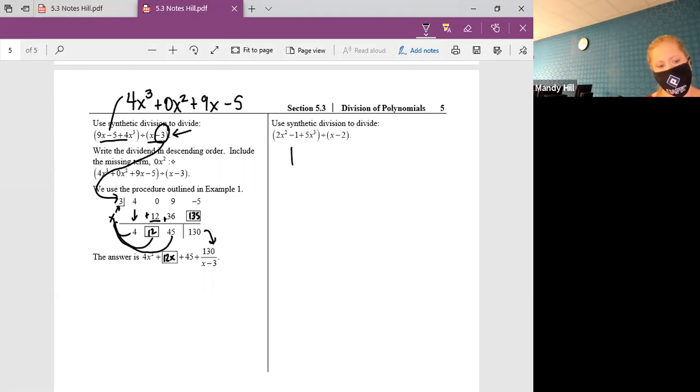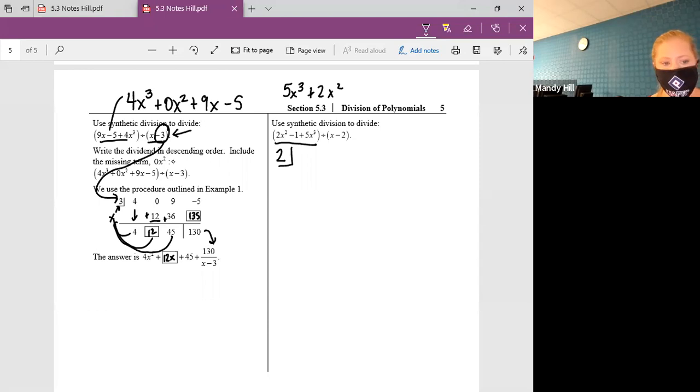So if we're starting out with x minus 2, we know it's got to be the opposite of -2, so we're going to put +2. That takes care of the subtraction. Okay, this is not in order, so it has to be in order. I've got a 5x to the third as my highest power. I have a +2x squared.